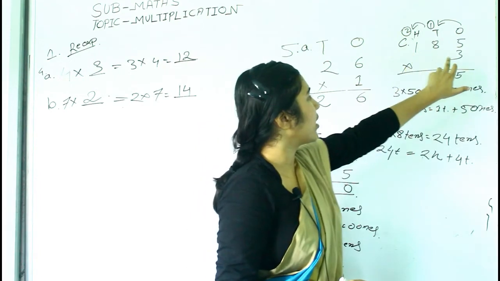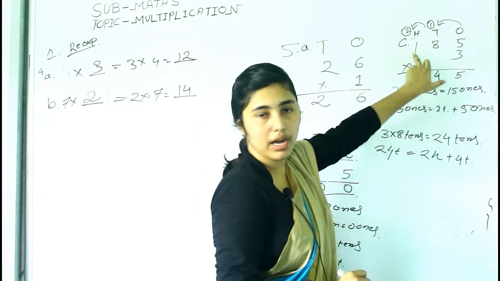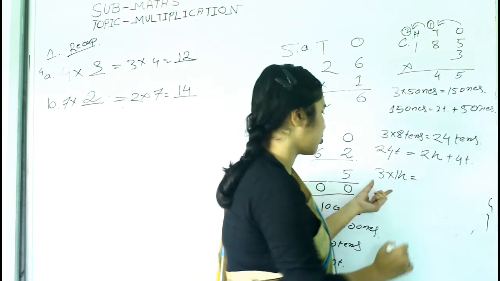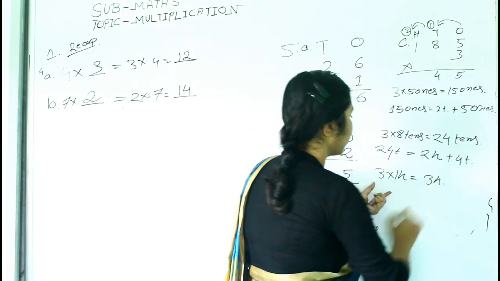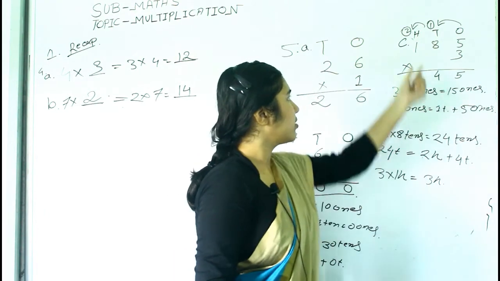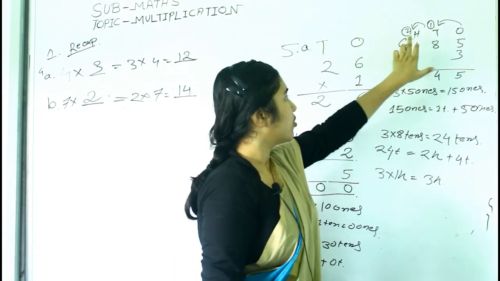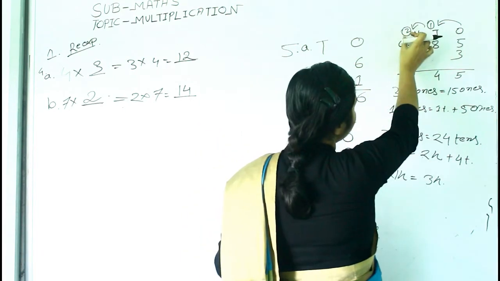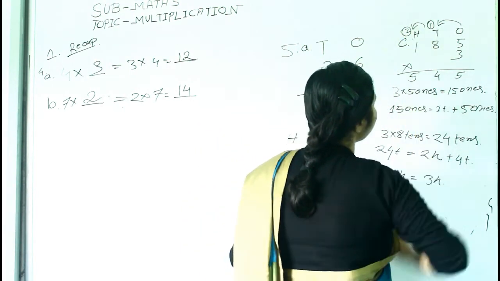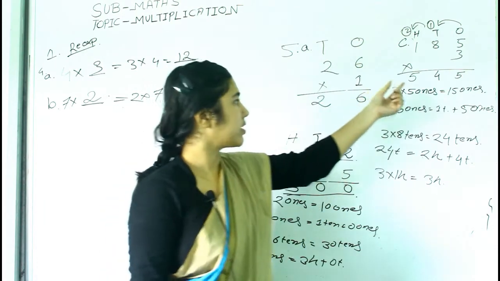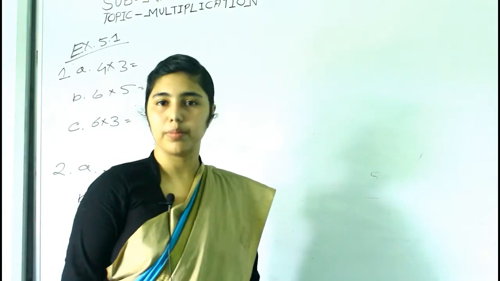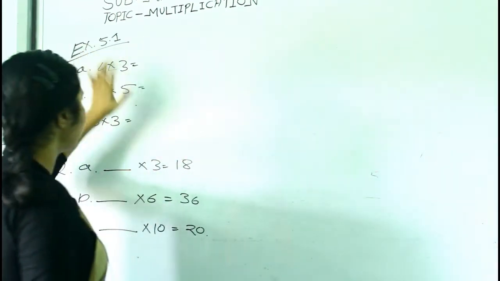Now multiply 3 with 100. So 3 into 100 is equal to 300. Now add this 3 with this 2. So 3 plus 2 is 500. So our answer is 545.